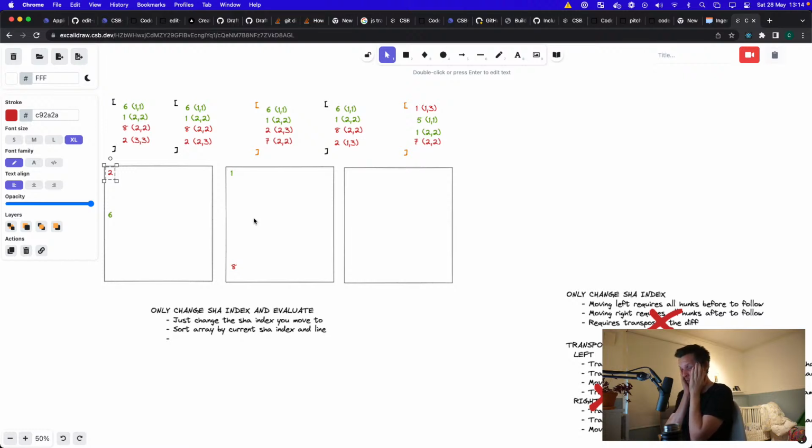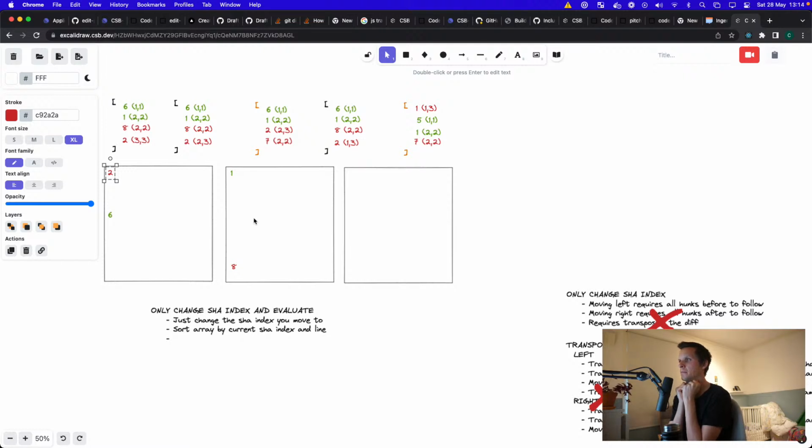Is there something I'm missing? Maybe the thing I'm missing here is that I have to start thinking about the line number. Maybe that's the missing piece here. I'm only thinking about the SHA.